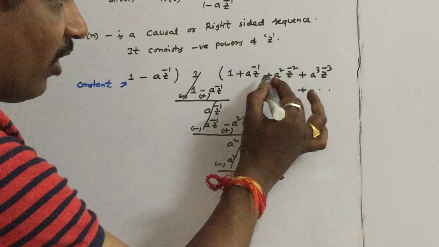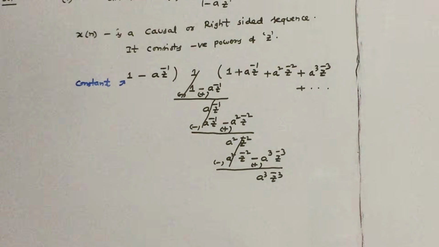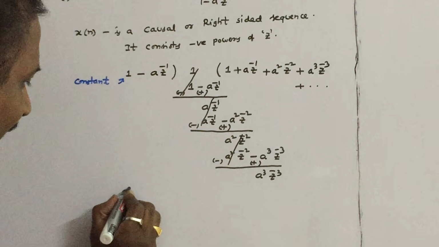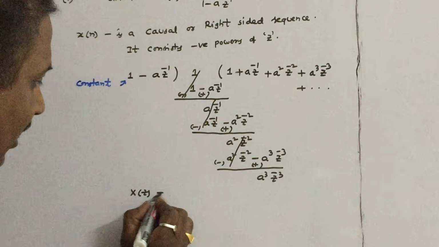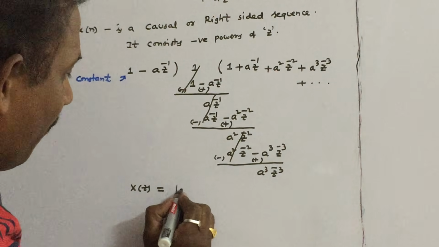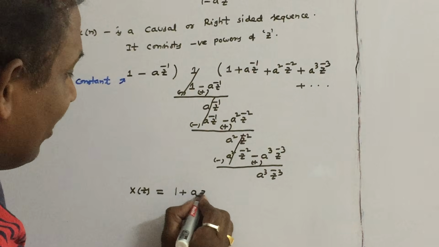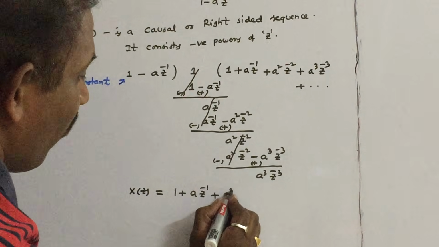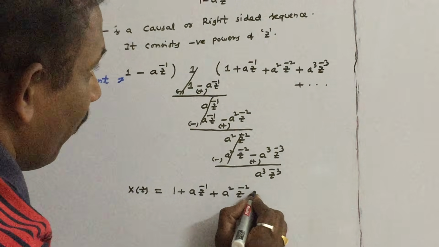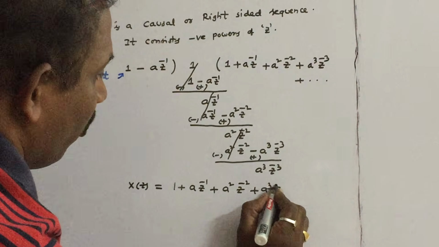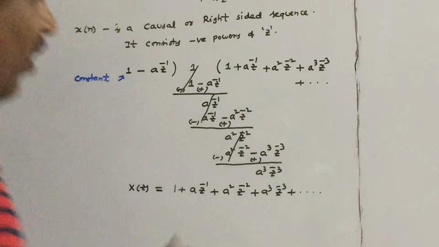Leave this division after 4 or 5 terms. So what can we write? We can write X of z as the summation 1 plus a z inverse plus a square z power minus 2 plus a cube z power minus 3 and so on.